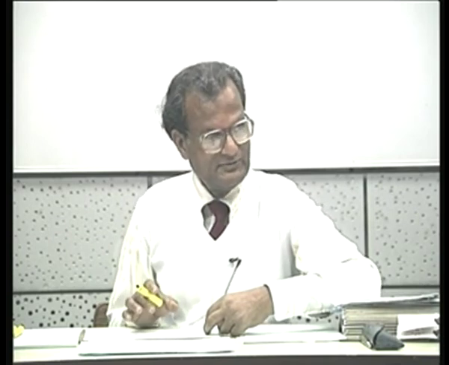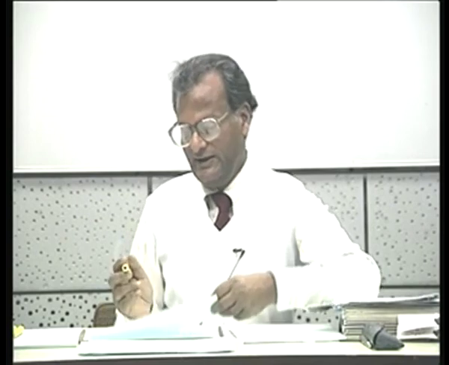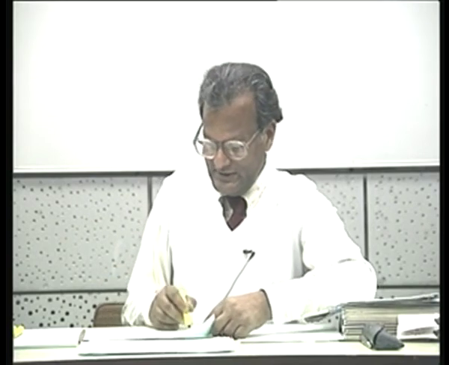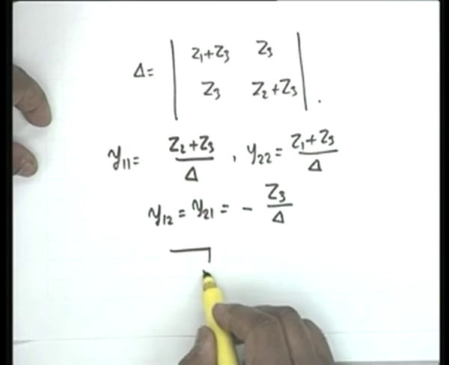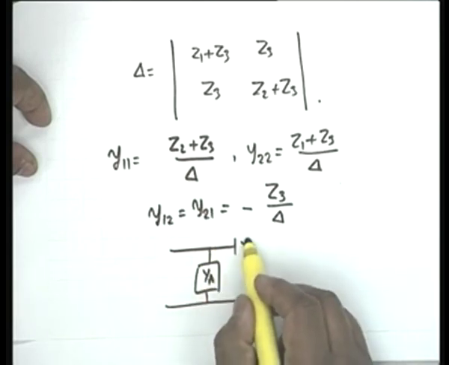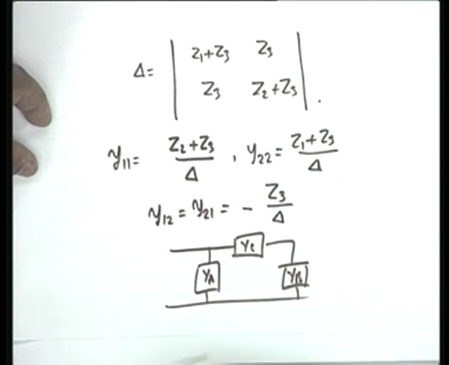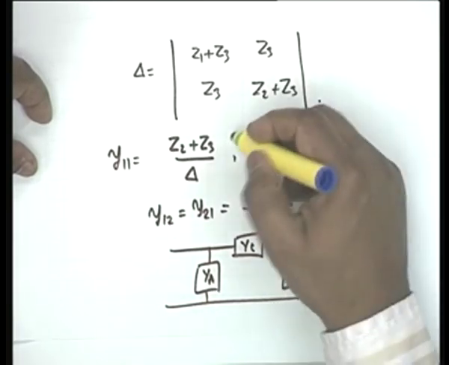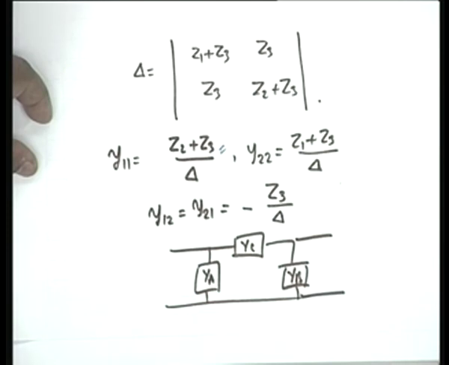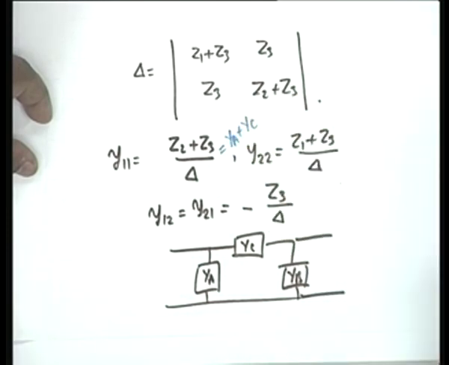If this T network is to be equivalent to the pi that we had drawn earlier, if this is to be equivalent to this network YA, YC, YB, then obviously what we should do is we should equate this to YA plus YC.